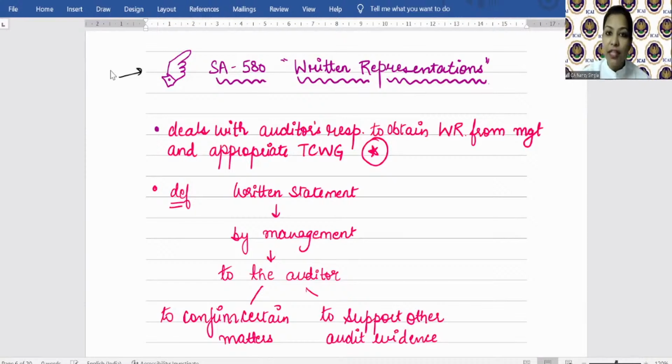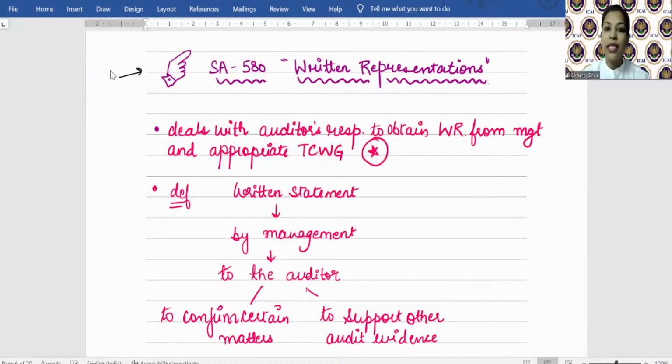What is the relevance of obtaining written representation in an audit of financial statements? Who obtains written representation from whom? For what all purposes can written representation be taken? What should be the date of written representation? All that we will be covering in SA 580.